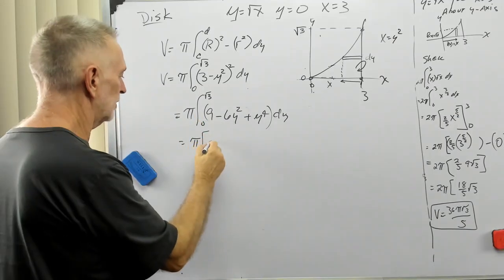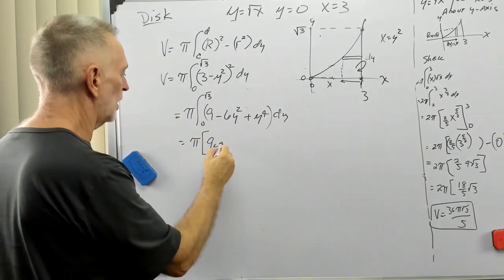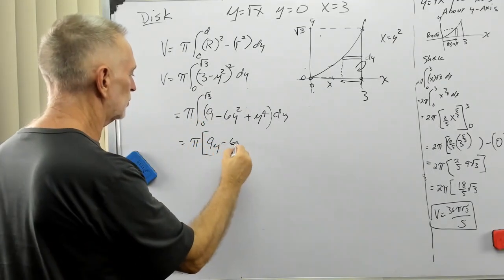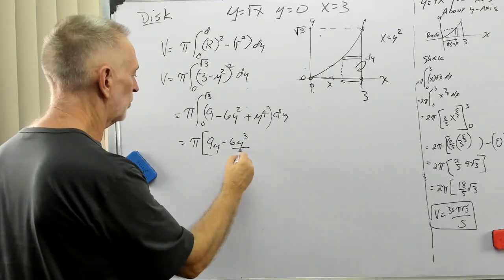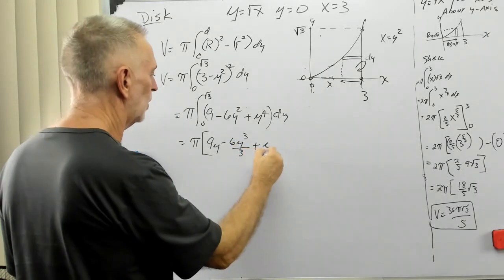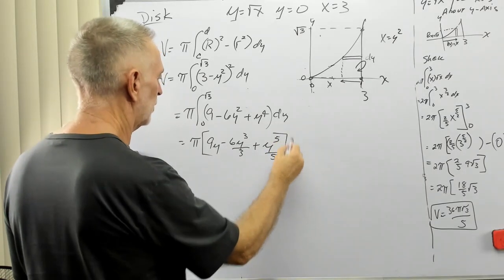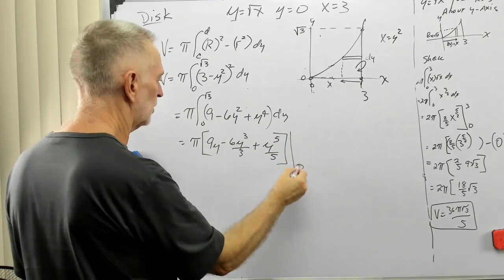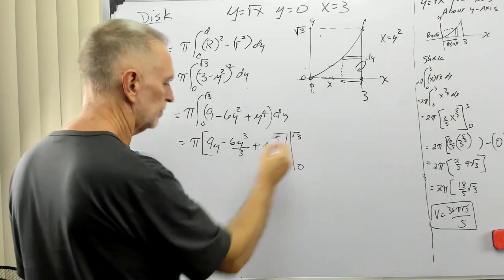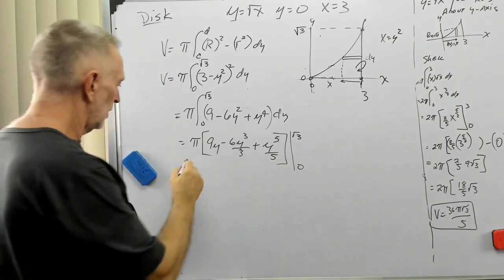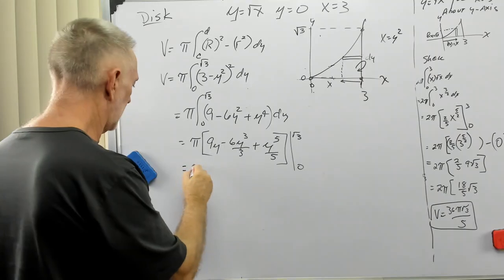Integrating 9, a constant, gives 9y, minus 6y cubed over 3, plus y to the 5th over 5, and all of that is from 0 to square root of 3. Let's plug in some values.